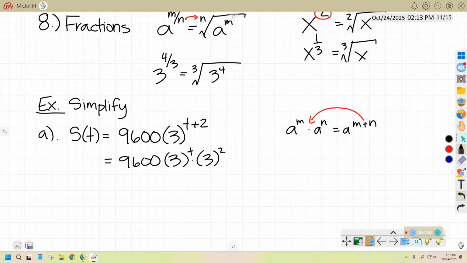One of those two exponentials is a number that I can evaluate. What is 3 squared? 9. So this is 9600 times 3 to the t times 9. Now I'm just going to do the multiplication.